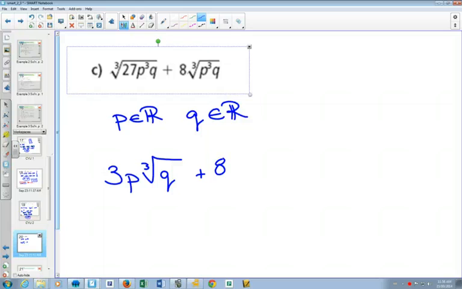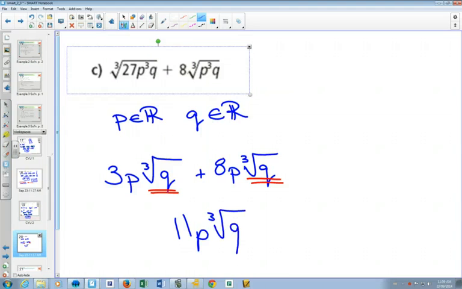There's p cubed inside the cube root, so we can pull out 1 p, and the only thing we're left with is a q. So these are like radicals because the family is the cube root of q. And if you had 3p's plus 8p's, you would have 11p's, cube root of q.